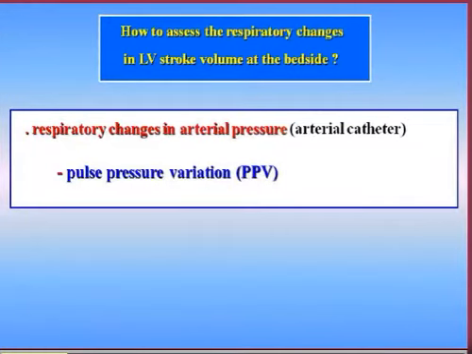So now, at the bedside, how to assess the respiratory changes in stroke volume? The first possibility is to use an arterial catheter and to look at the respiratory changes in arterial pressure, for example, for measuring pulse pressure variation. Why pulse pressure variation?